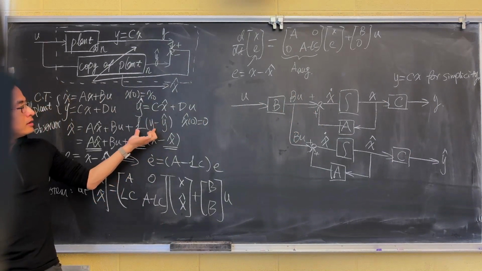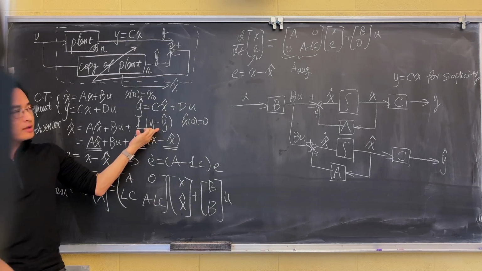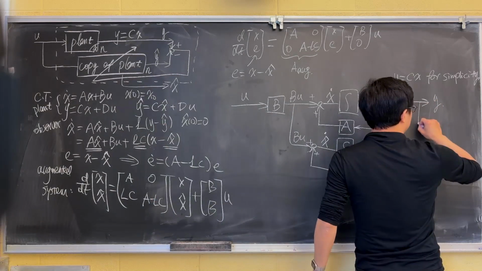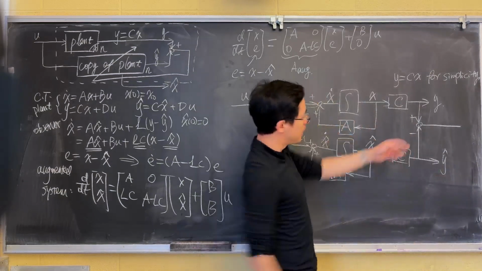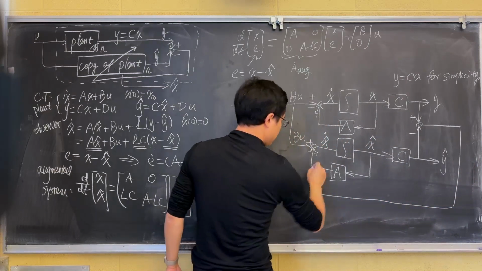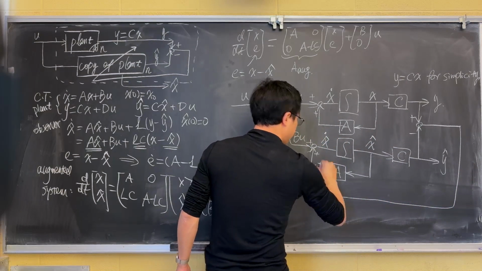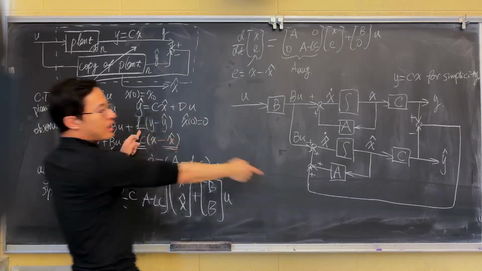All right. The observer is going to use L times the difference between y and y hat. We have the difference now. And then the observer adds, on top of the previous summing junction, L times this difference.